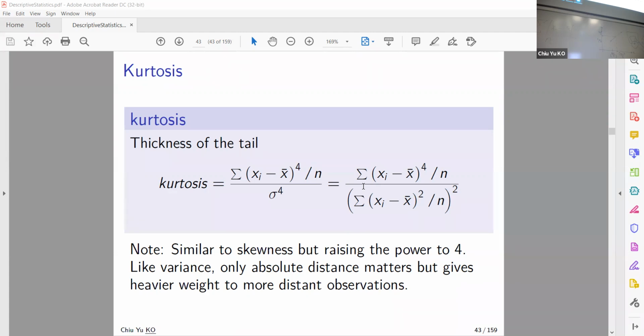But anyway, if you talk about the machine learning world, there's no harm in talking about 5 or 6 or 7 or 8 or 9, it doesn't really matter, right? Why don't we do skewness with power 5? It's fine, no problem, but we know the lower power just satisfies our need.